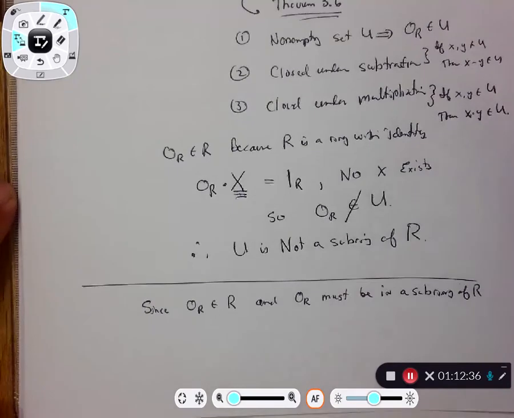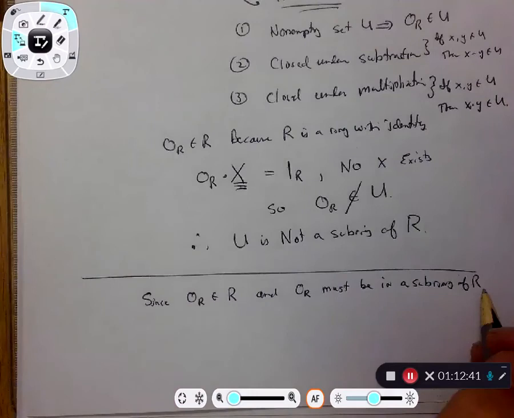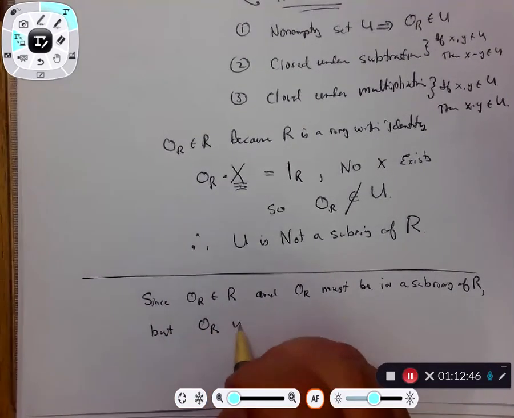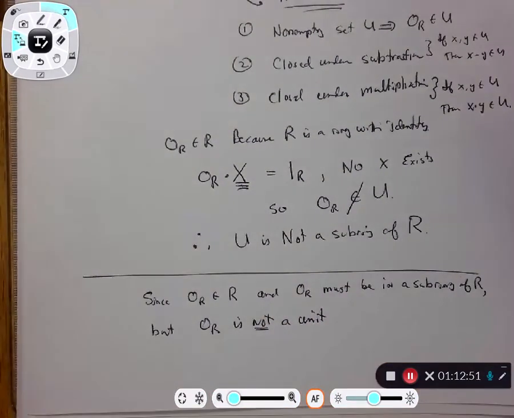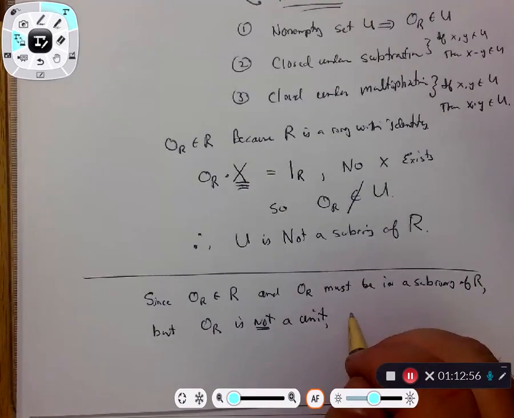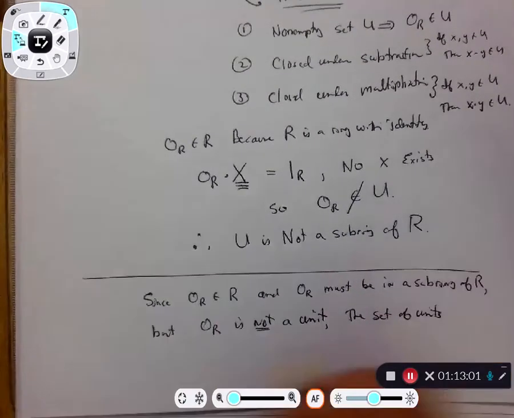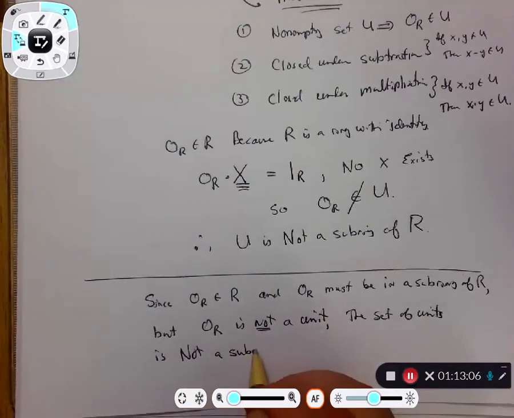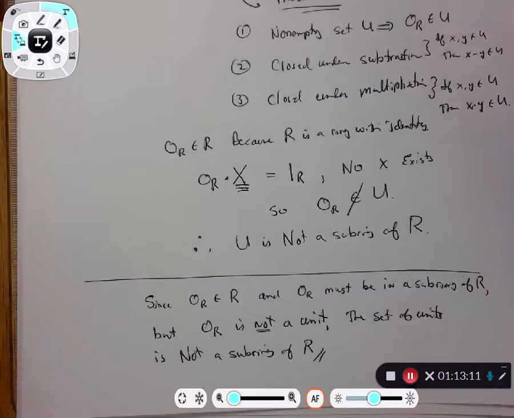Since 0 in R is an element of R, and 0 in R must be in a subring of R, but 0 in R is not a unit, because you got to be non-zero to be a unit, the set of units is not a subring of R. There is my disproof statement.